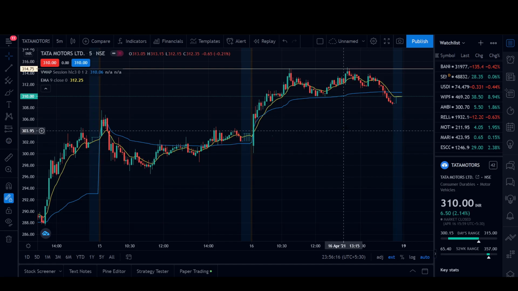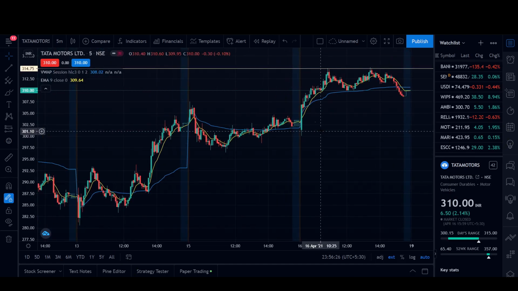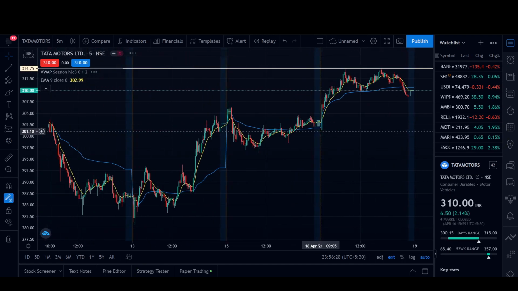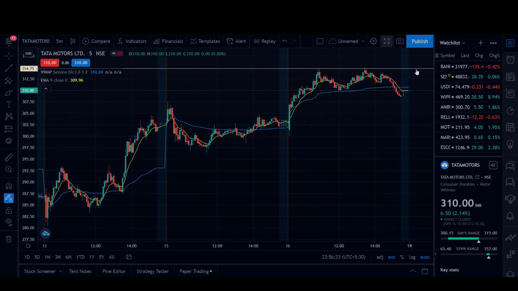It's pretty simple. Right click, go to trade, buy or sell Tata Motors, and you can buy your quantity and sell your quantity. If you guys want, I can make a video on how to paper trade using TradingView.